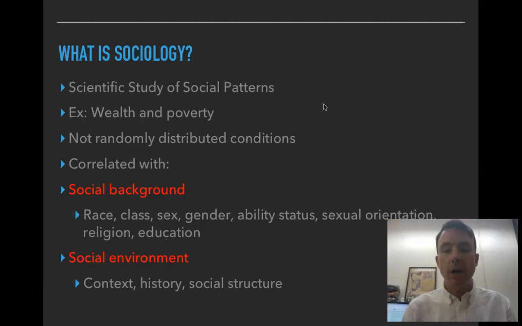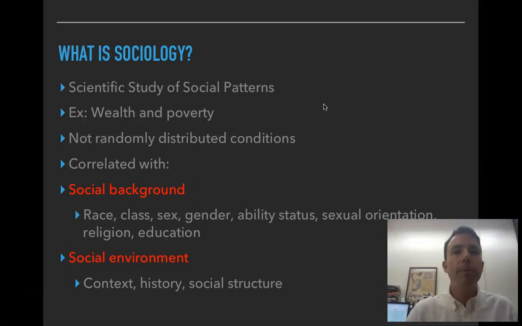Now, social patterns are really where sociologists find most of their work. And when I say work, I mean they are able to refine research questions and explore social phenomena when we see some sort of pattern in terms of outcomes. Now I want to give you an example of that.